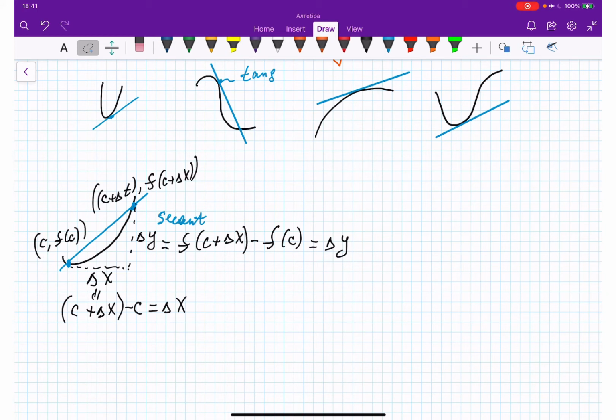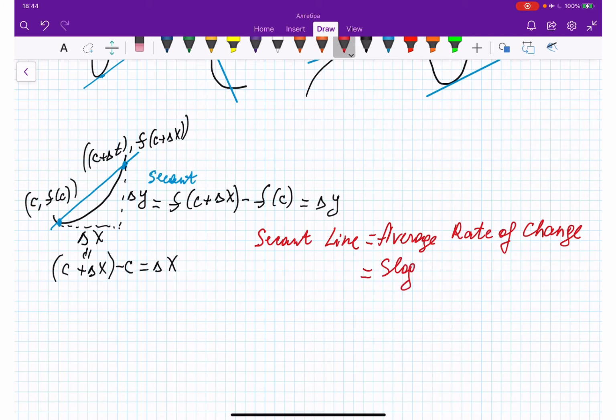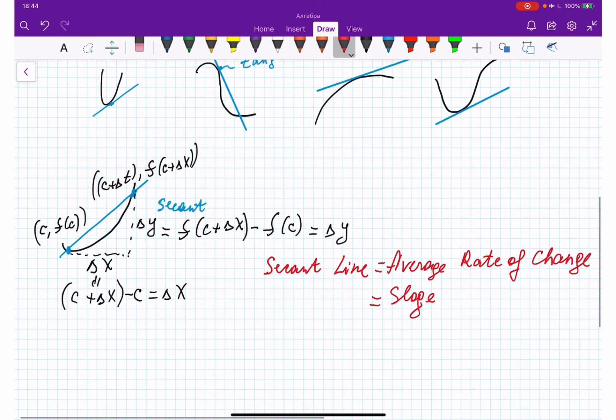So the secant line is the average rate of change, and it is also the slope. So the tangent line is an instantaneous rate of change. The secant line is the average rate of change or slope.